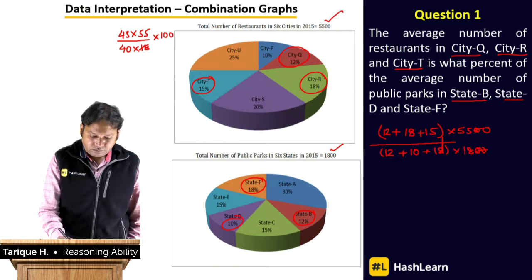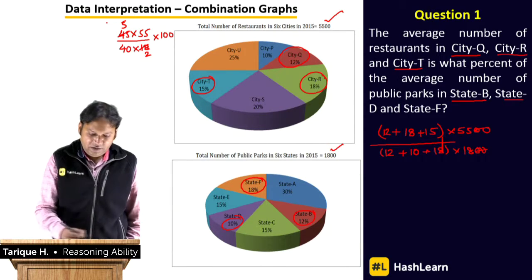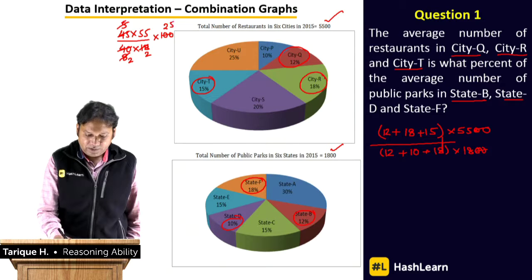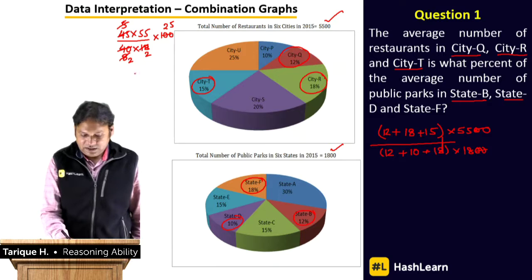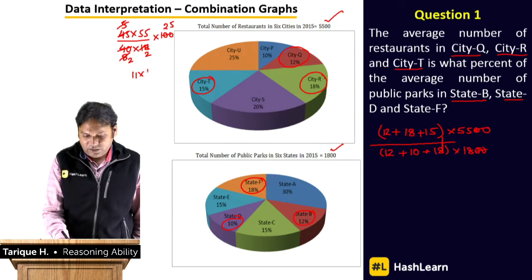So again, 9 2s are 18, 9 5s are 45, and 5 will cancel 40 times, and 4 into 2, 4 into 25. And so we finally get 25 into 55, that's 11 into 125 by 4.